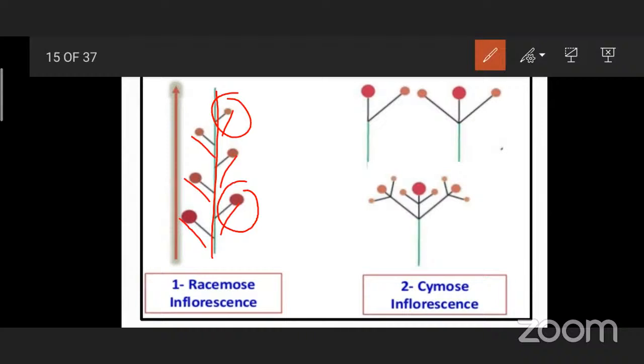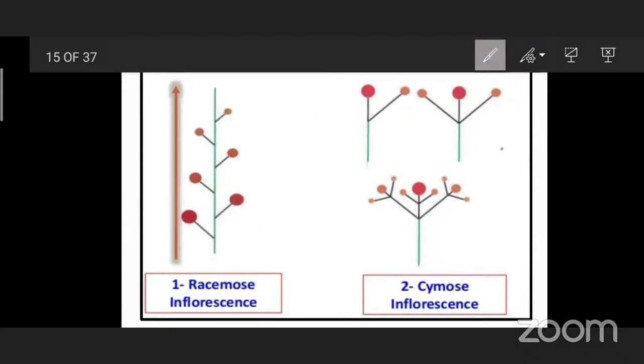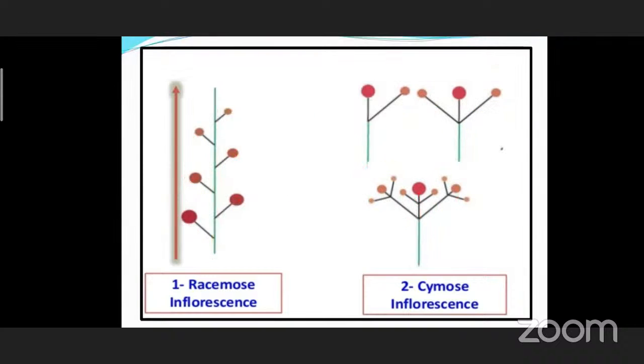This is the cymose inflorescence. This main axis shows sympodial branching. Racemose inflorescence has monopodial branching, but cymose inflorescence has sympodial branching. The oldest flowers are toward the central axis, but the young flowers are toward the outside of the branch. This is racemose and cymose inflorescence.